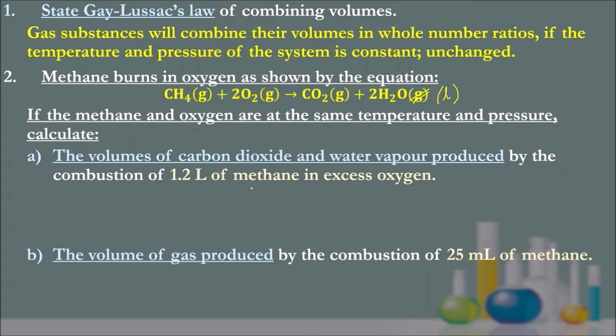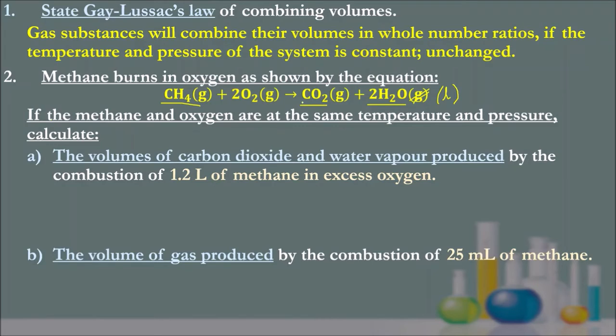Now let's look at it. Okay, let's look at the mole ratios. So we're looking at methane, carbon dioxide, and oxygen. If we're comparing simply between methane and carbon dioxide, it's a 1-to-1 mole ratio, which means the exact same amount of volume should be produced.